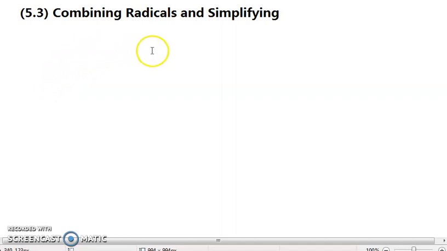Combining radicals and simplifying. In this video, we're going to focus on combining radicals. Before we talk about how to combine radicals, I want to review what we have learned before, how to combine like terms.